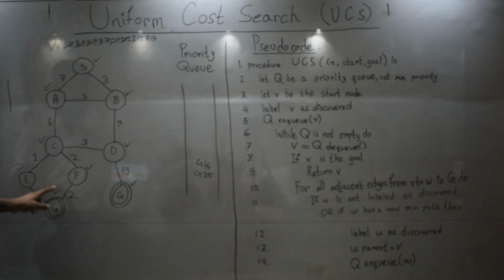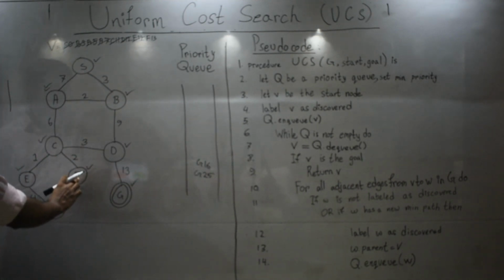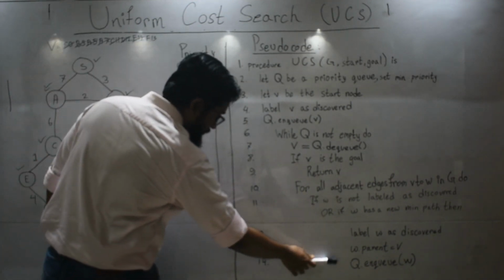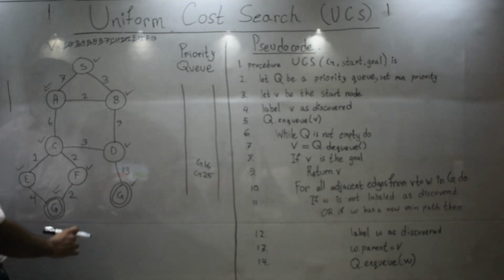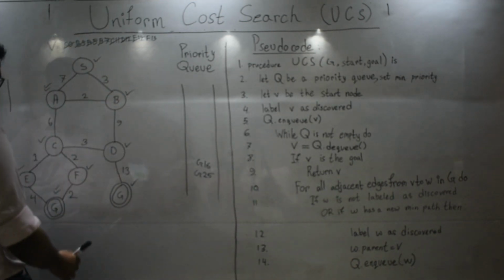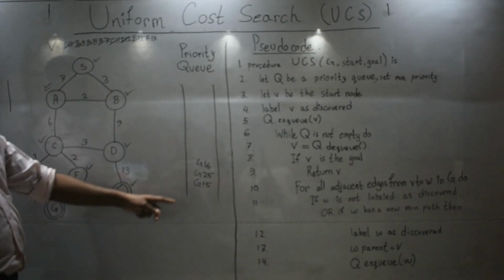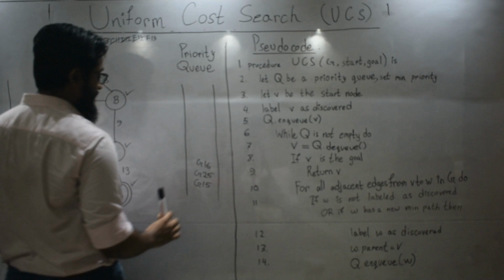But G has been visited, however G currently has a value of 16 and F has a value of 13. So from 13 plus 2, G may have a new minimum path of 15. So you will enter this condition. Visit G, set the parent of G equal to F, and then enqueue G with this value. G15 has been enqueued, so you will exit this for loop and come back to line number 7.